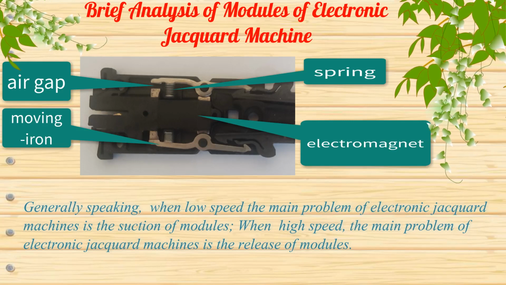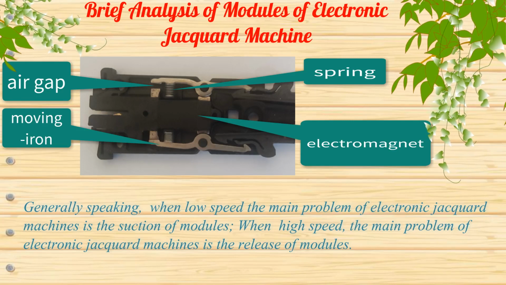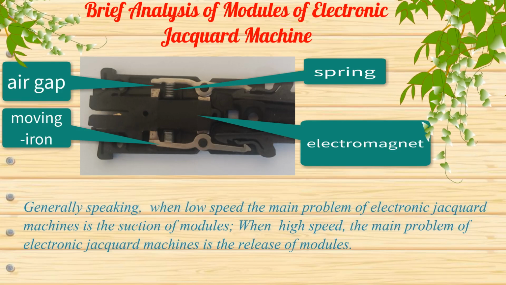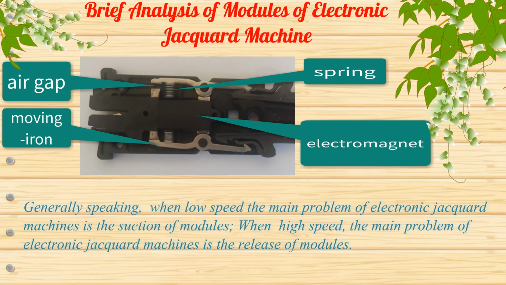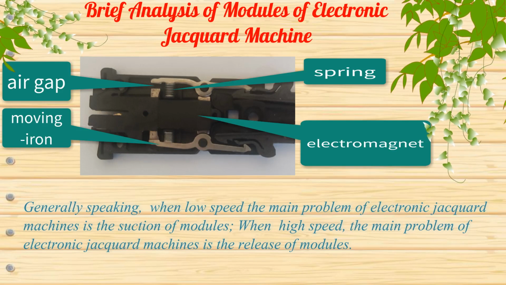Generally speaking, when low speed, the main problem of electronic jacquard machines is the suction of modules. When high speed, the main problem of electronic jacquard machines is the release of modules.